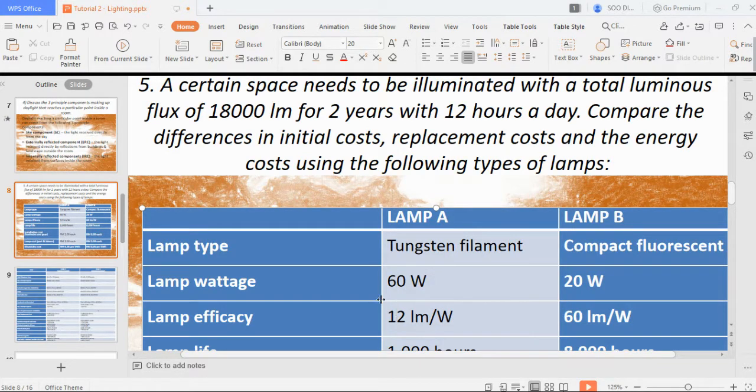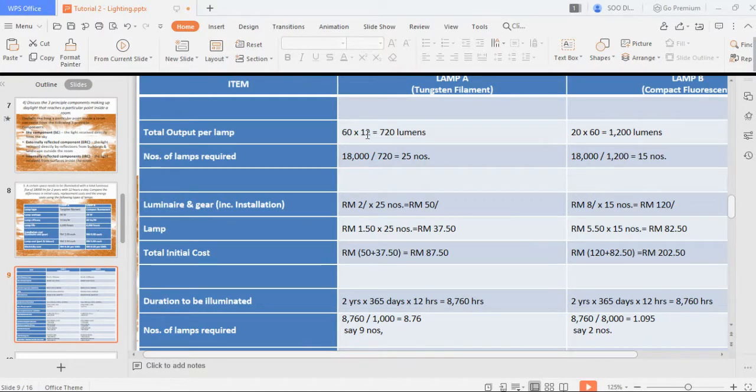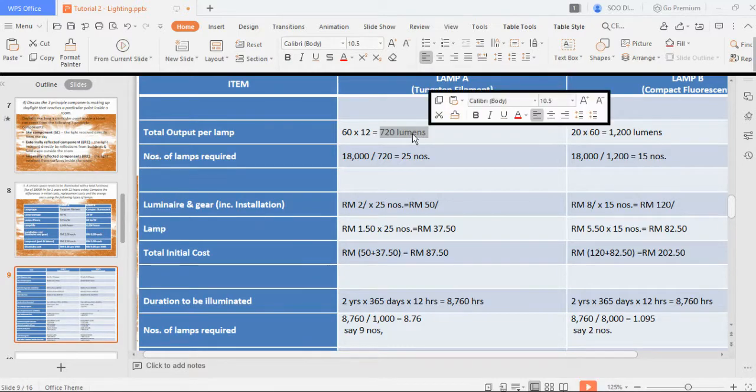By multiplying these together, you'll be able to find out the lumen for a single lamp. As you can see here, output per lamp is 60 multiplied by 12, which gives you 720 lumen. So one lamp A is able to emit 720 lumen.